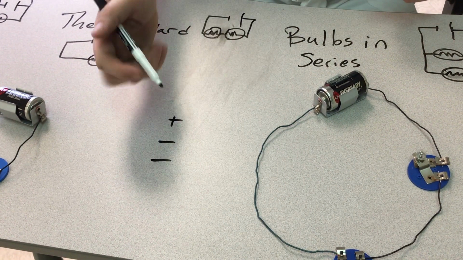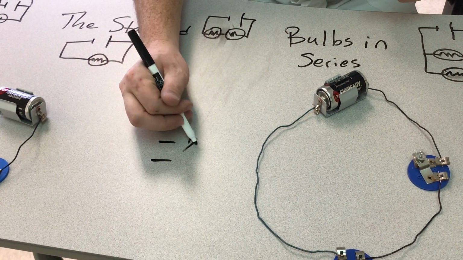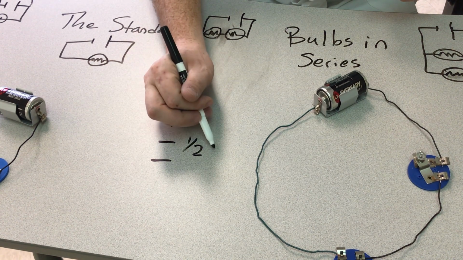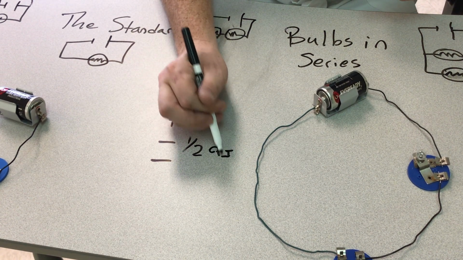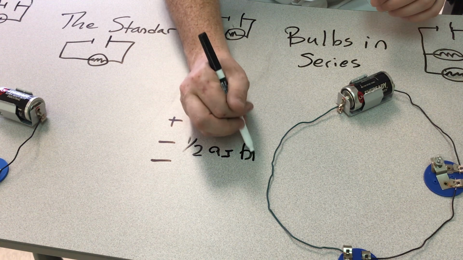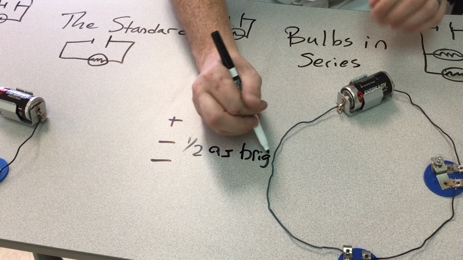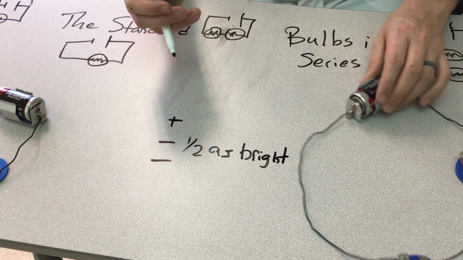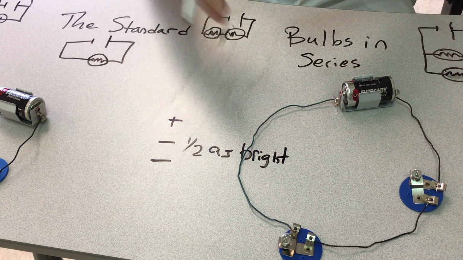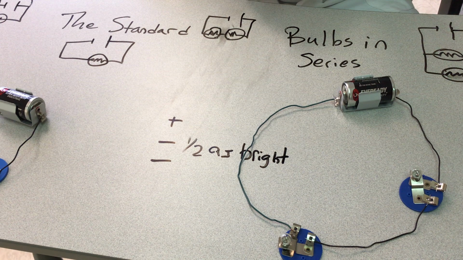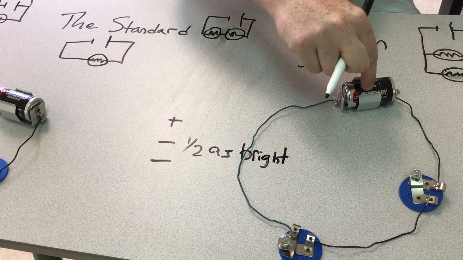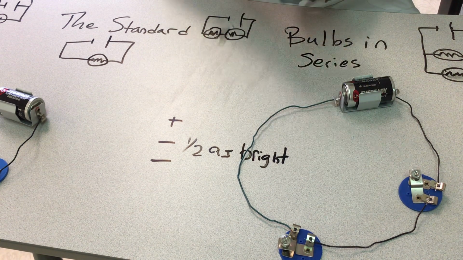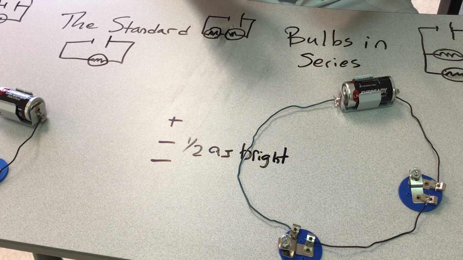So we know that the bulbs are going to be approximately half as bright as our standard. And I'm trying to figure out what in the world would be useful here. How could we actually use this? Well, with a little bit more energy source, having a lot of dim lights is not a bad thing.